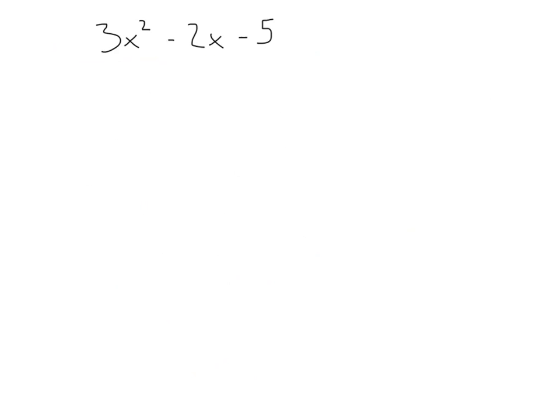Now it turns out we can also use factoring by grouping to factor something like this, a quadratic where the lead coefficient is not 1, something we haven't really dealt with before. And again we're going to ask ourselves about two numbers that multiply to something and add to something. What we will do is look at the leading coefficient and the constant, and multiply them together, and say our numbers are going to multiply to that product.